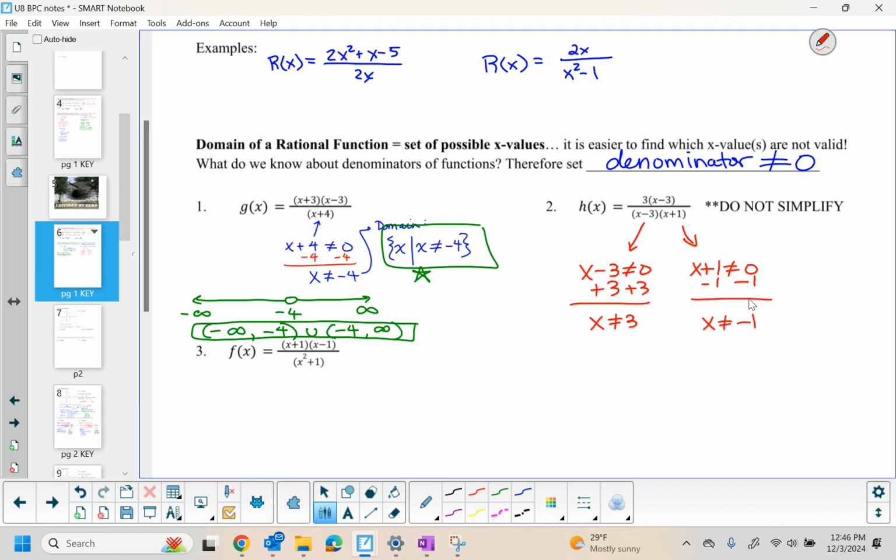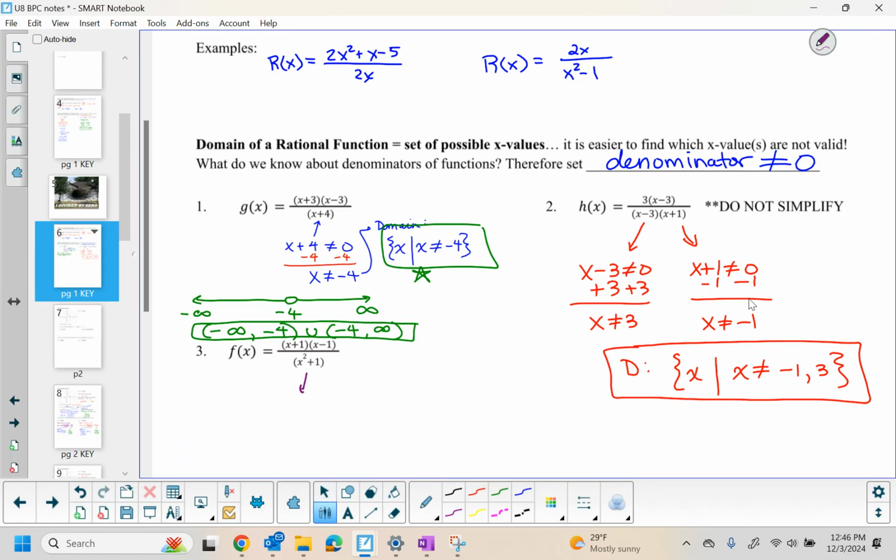So then when I write my domain, I can say that my domain is the set of x's such that x is not equal to -1 or 3. So that's how I will write my domain.